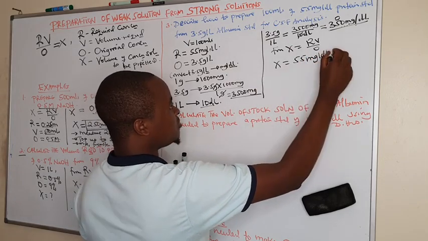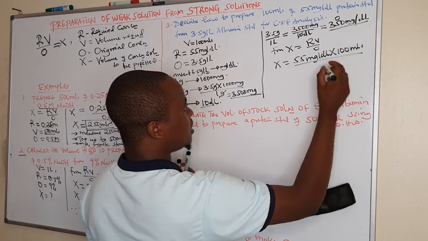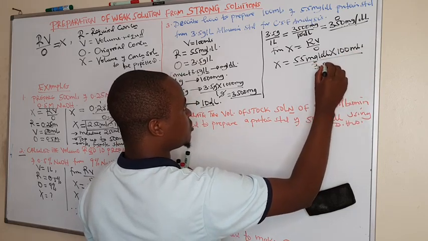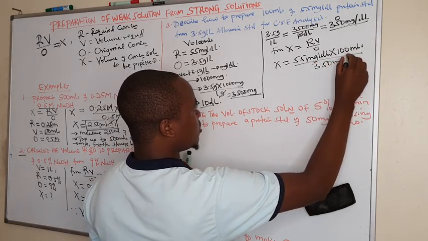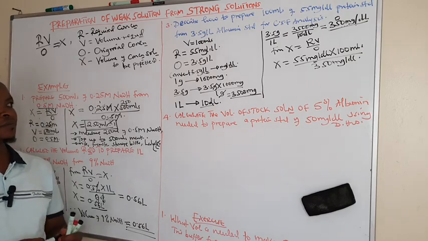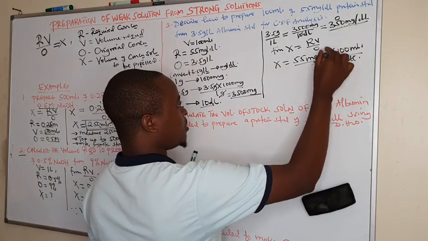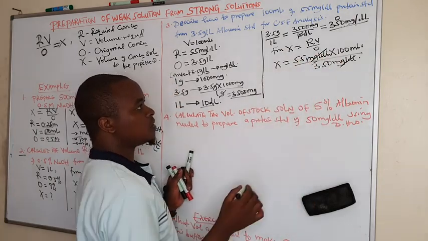Then the required volume is 100 mils. Then we divide by the original concentration, which is 350 milligrams per deciliter. And since the units are the same, now they cancel out. The milligrams per deciliter cancels out.